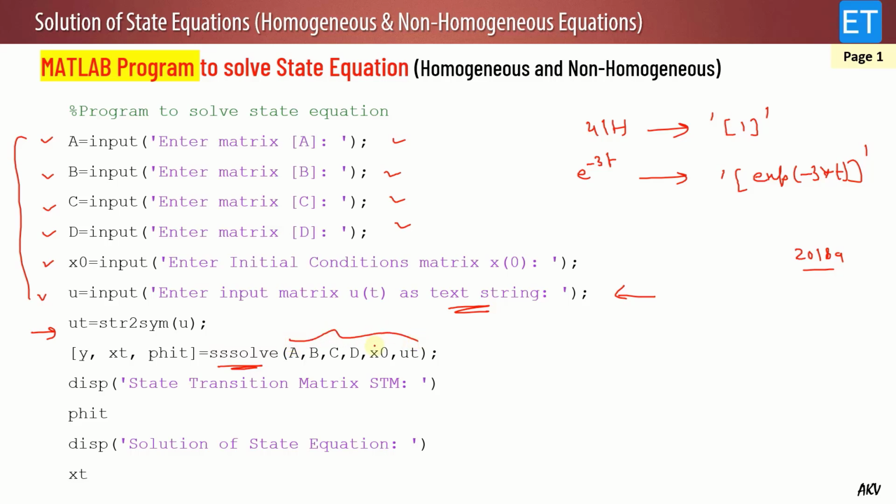This function receives all these matrices A, B, C, D, the initial conditions and the input function, and it solves the state equation and gives three outputs. One is y, the output expression; then x(t), the solution of the state equation, I mean x dot equal to Ax plus Bu; and phi(t), which is the state transition matrix. So you get three outputs from this function.